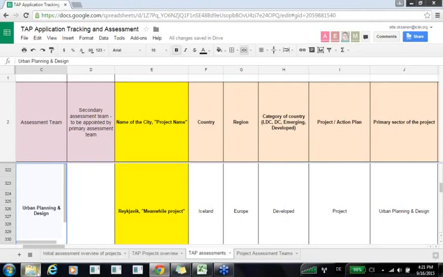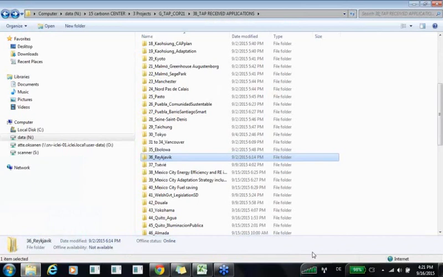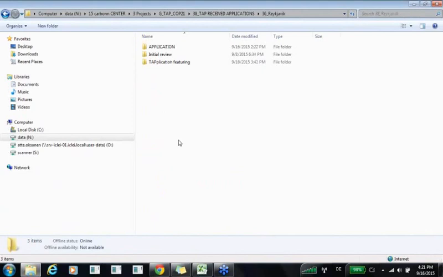Now, all of these, meaning the application form and the supporting documents, can be found on Samba, in Carbon, Projects, tab COP21, Received Applications, and for instance, let's take a look at Reykjavik's application.